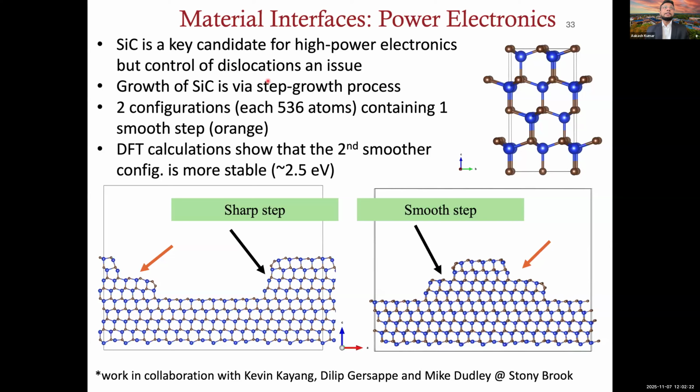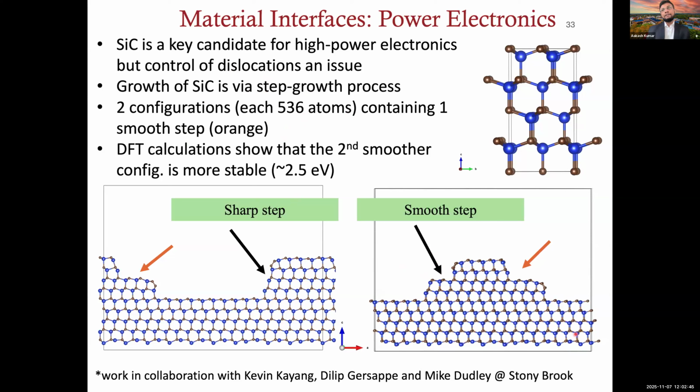And so I did some calculations which showed that if you do have a step, compared to a sharp step, I have this model that has the exact same number of atoms, but if you focus on this particular aspect of the structure, you'll see that there is a smoother step compared to this sharp step.